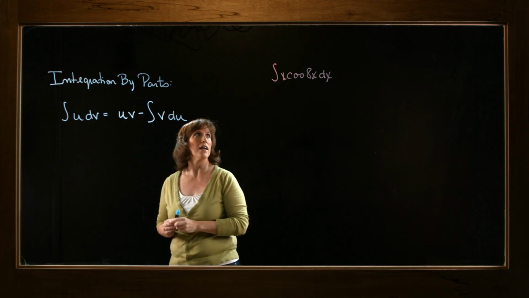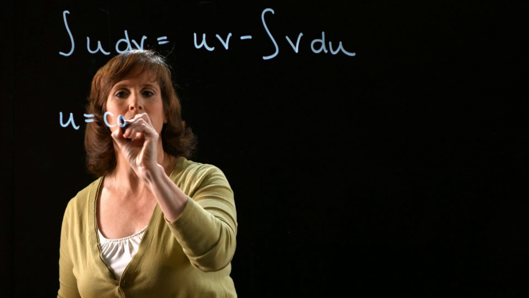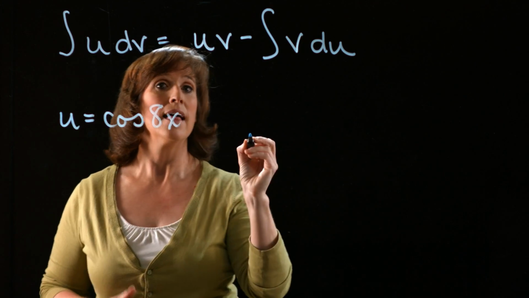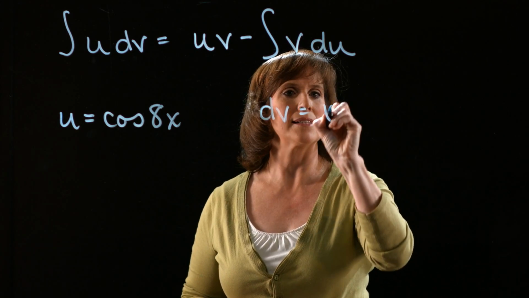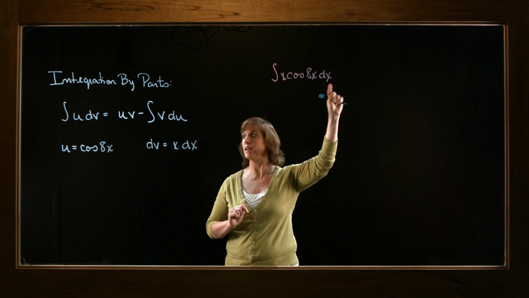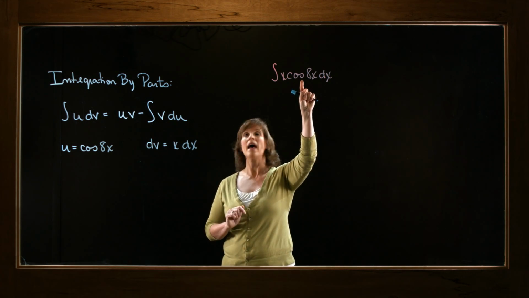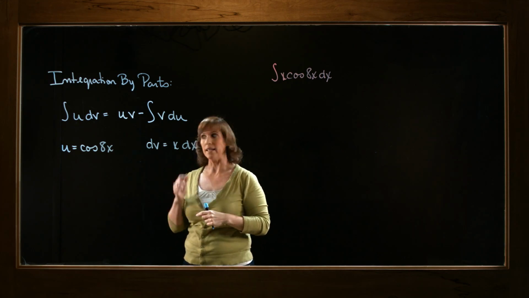Let's go ahead and try u being equal to the cosine of 8x. That's going to leave dv being an x dx. So notice I've accounted for the entire integrand. I've got my u and my dv. All right, so let's proceed.